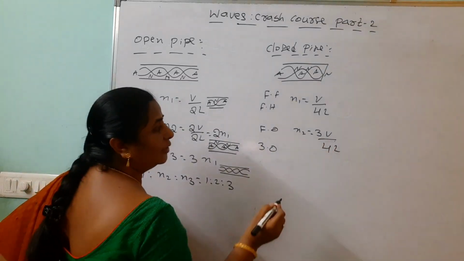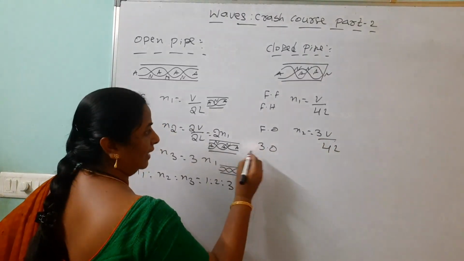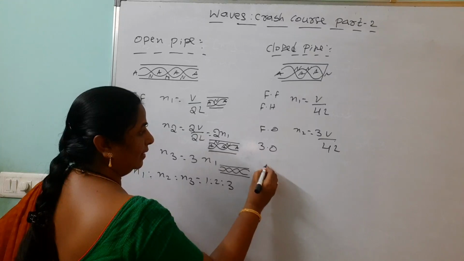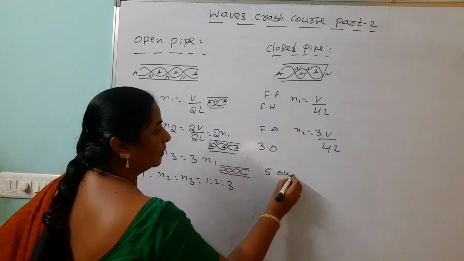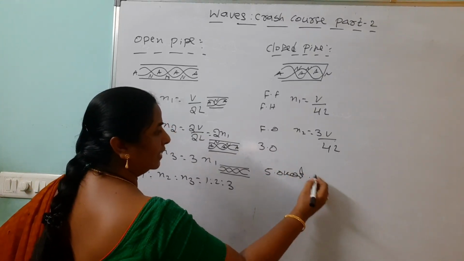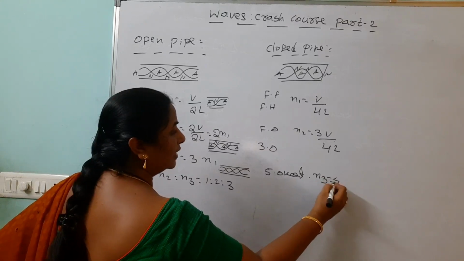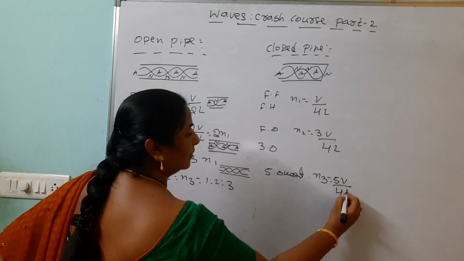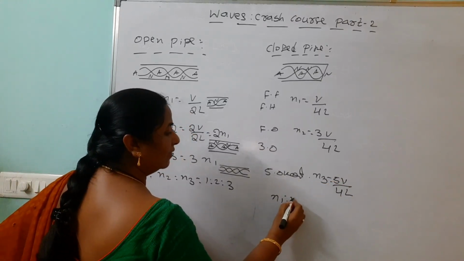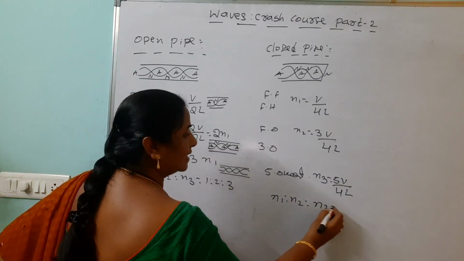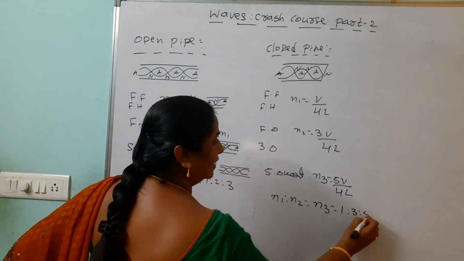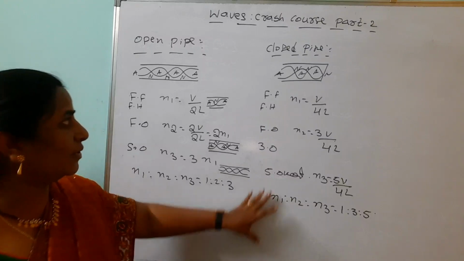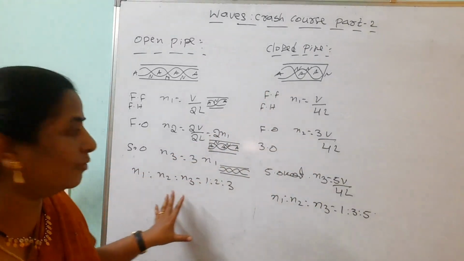Same, N2 equals 3V by 4L. Like that, the fifth overtone. We should write N3 equals how much? 5 times this. So finally N1 : N2 : N3 is 1 : 3 : 5. So this is about the closed pipe, and this is about the open pipe.